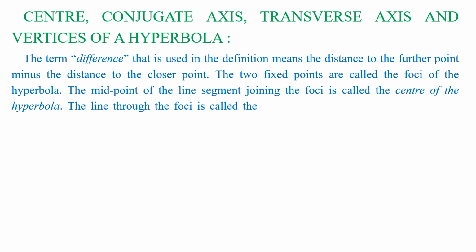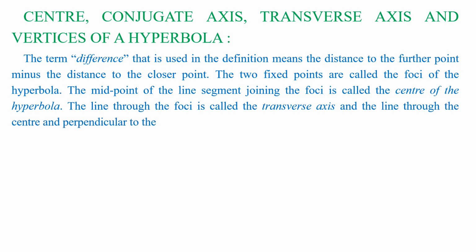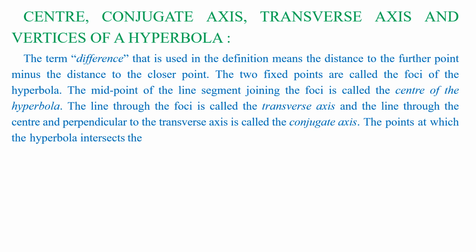The line through the foci is called the transverse axis, and the line through the center and perpendicular to the transverse axis is called conjugate axis. The points at which the hyperbola intersects the transverse axis are called the vertices of the hyperbola. Understood these points, my children?